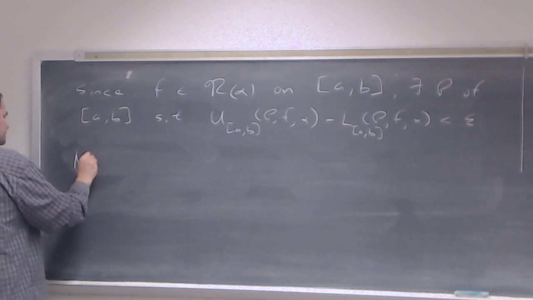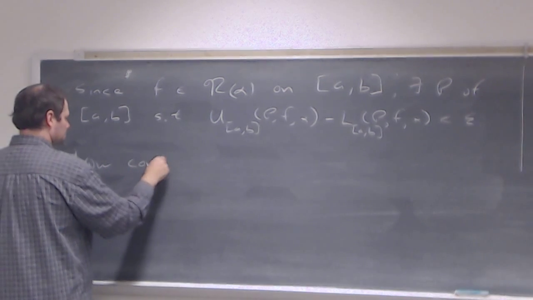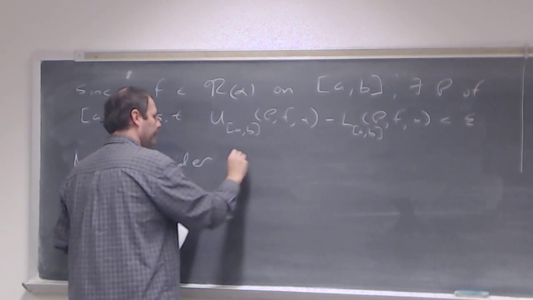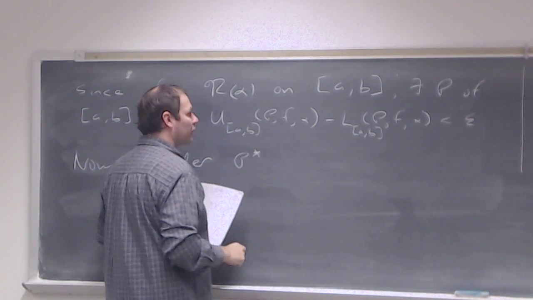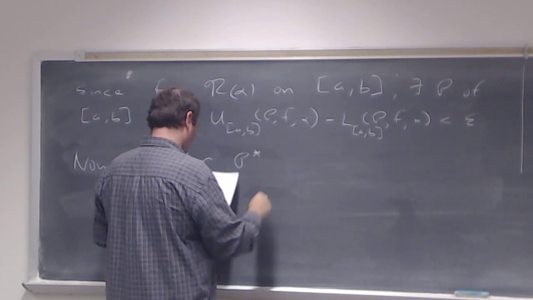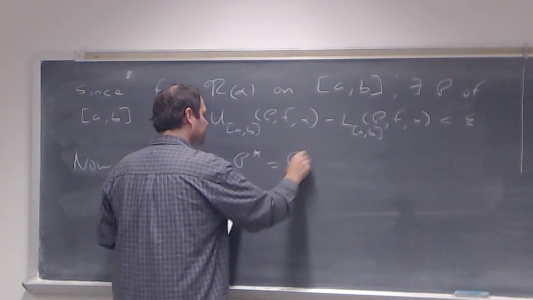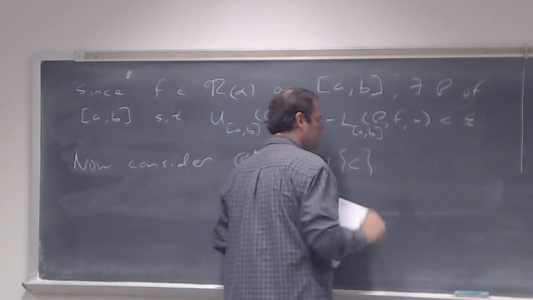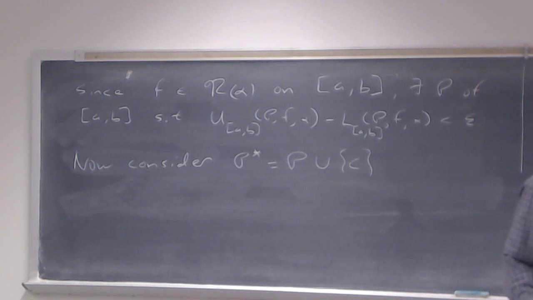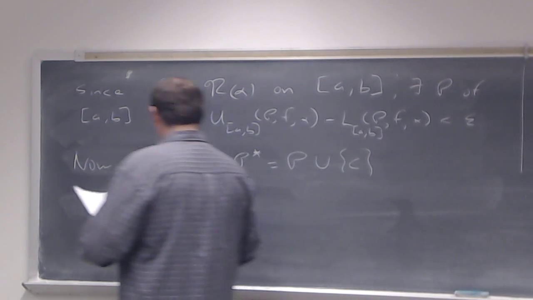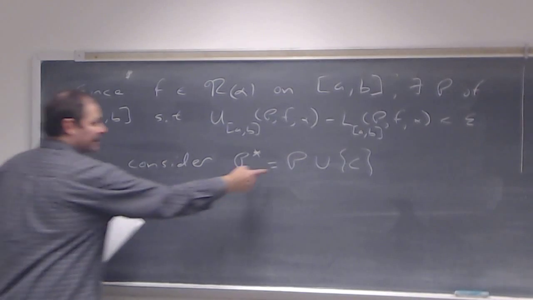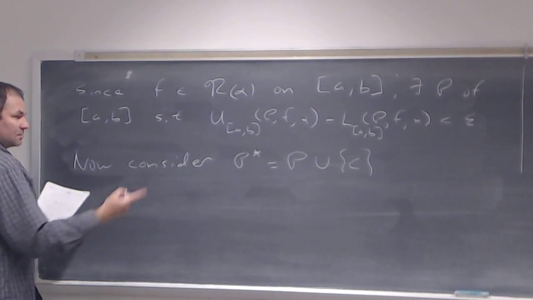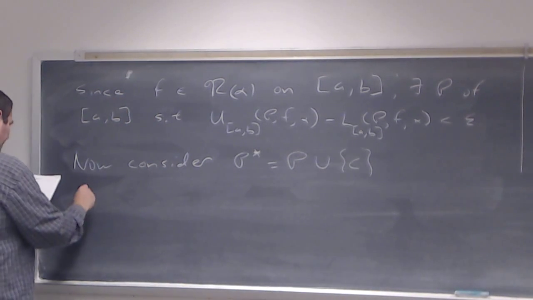Now consider a refinement of P. We're going to call it P star, which is equal to P union the one number c. Now, c might already be in P, I don't know. But if it's not, we're joining it.